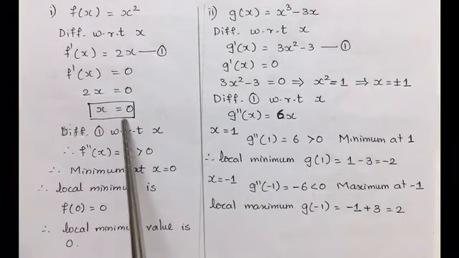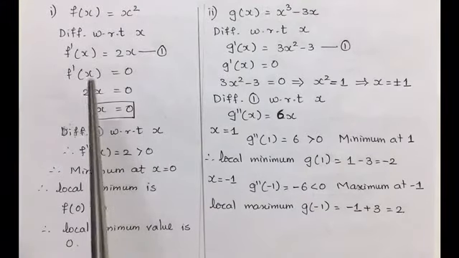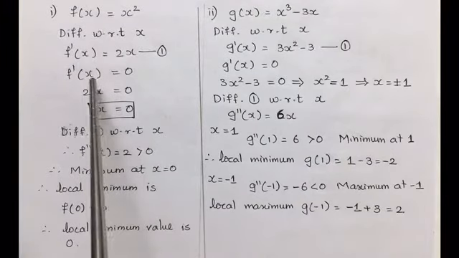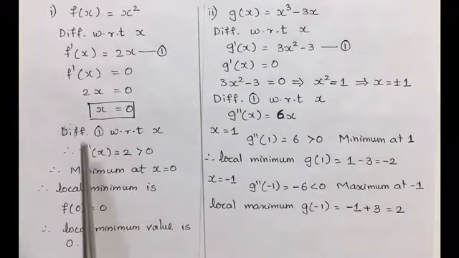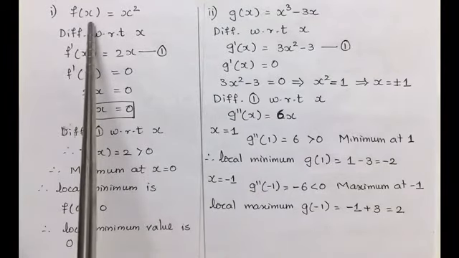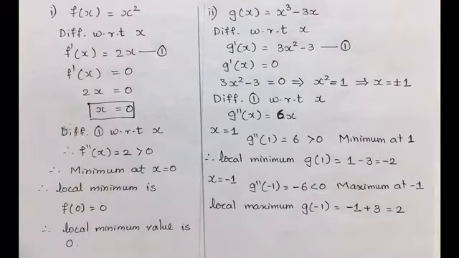Whatever value of x we have got, that is to be kept in the function f, not in f dash, neither in f double dash. For local minimum or maximum, directly keep it in f. Here we have the second derivative positive, so it was a minimum value.